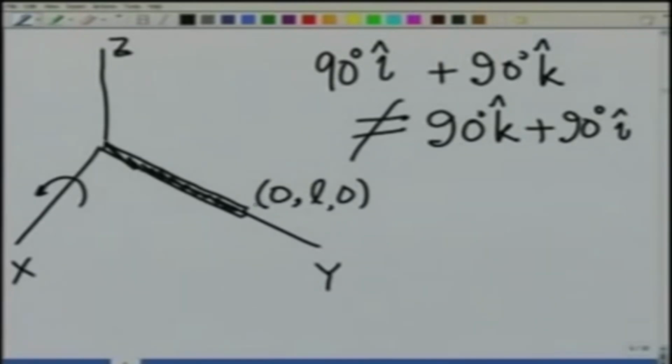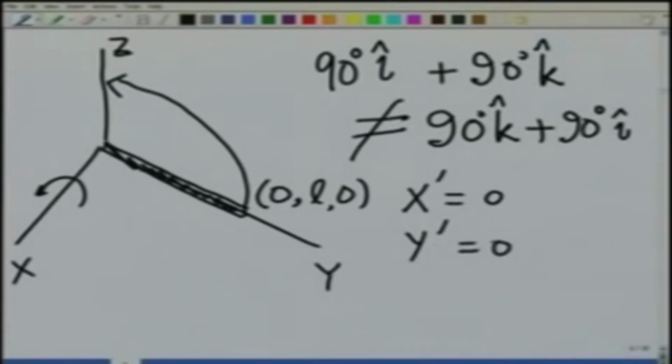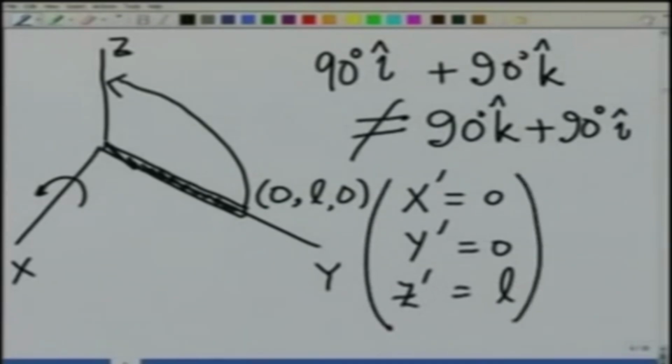If I rotate this rod about the x axis counterclockwise, the new coordinates would be x prime remains 0, y prime becomes 0 and z prime becomes L after the first rotation. After the second rotation about the z axis, nothing really changes, it has just rotated a bit.